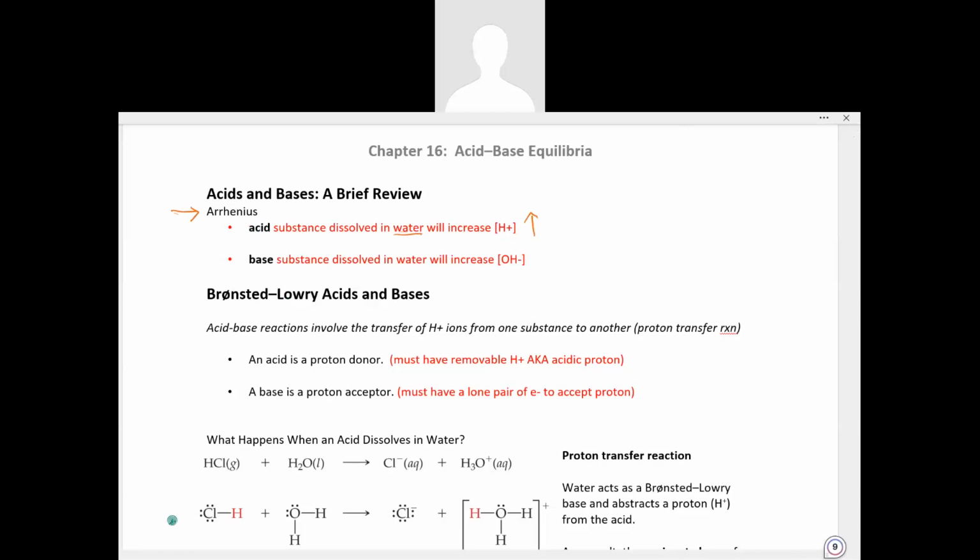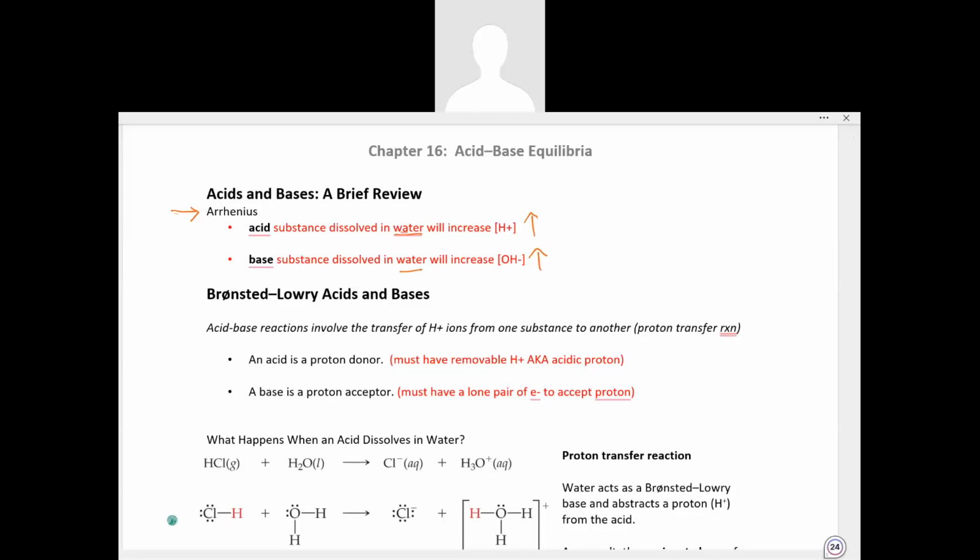So that's what's indicated here. And under this system, a base is a substance that, when dissolved in water, would increase the hydroxide ion concentration. So that's one way of looking at acids and bases.